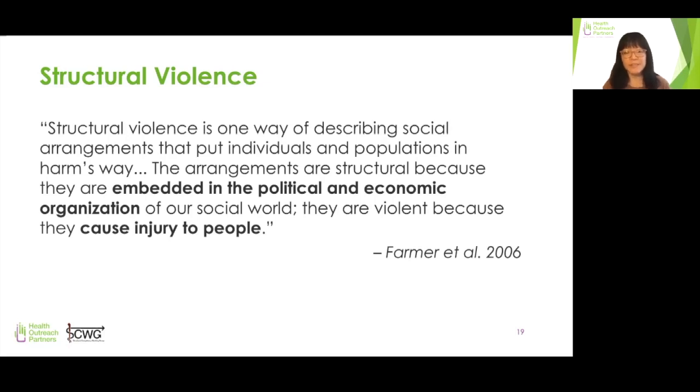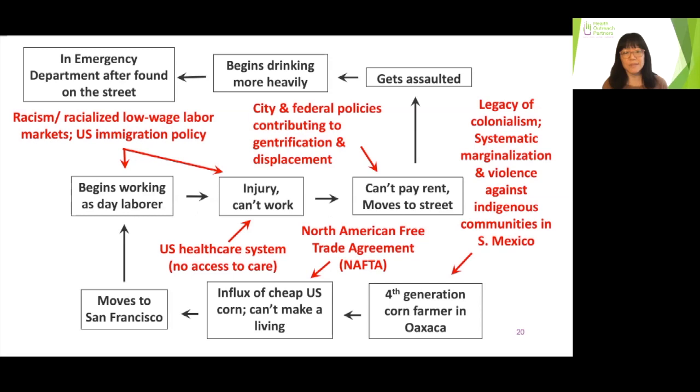If you can go on to the next slide. So we can apply that definition of structural violence to what we've seen happen with the Oaxacan corn farmer. As we've identified these different structures, we really can see how they came into play to cause harm to this patient.